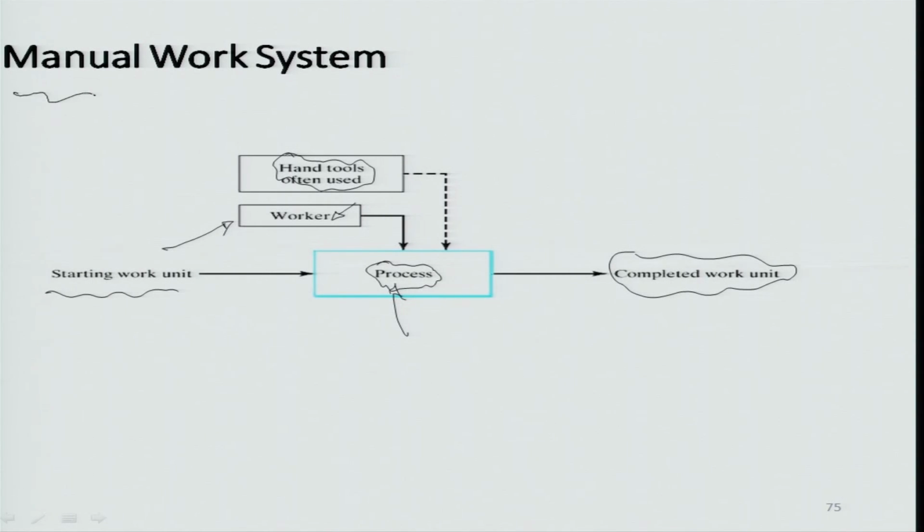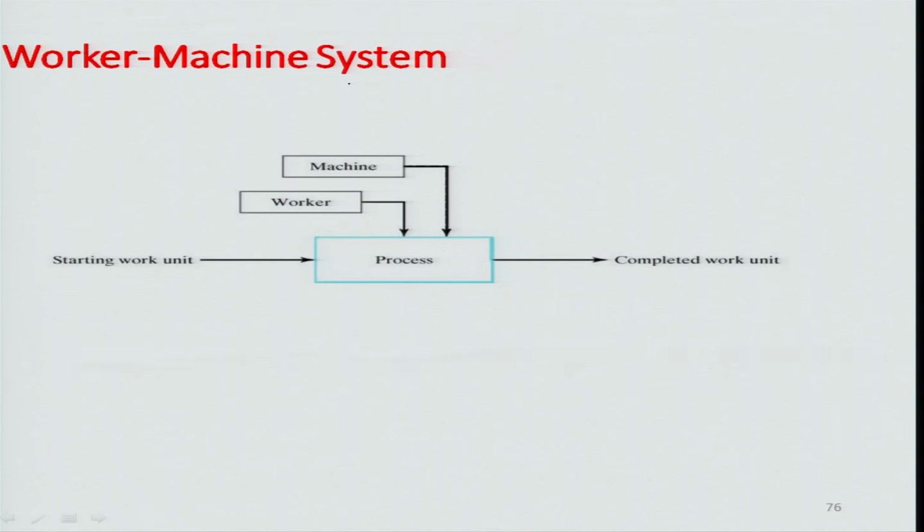So this is a complete manual work system. And then there is a worker-machine system, where you have a worker working on a machine which is powered, and it is basically running a process which is starting the work unit and completing it into a certain finished job.